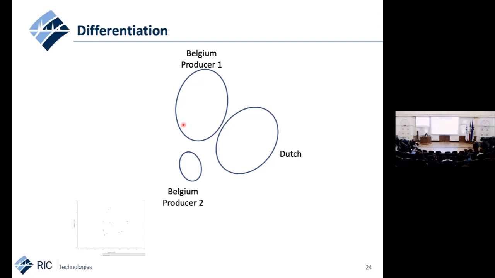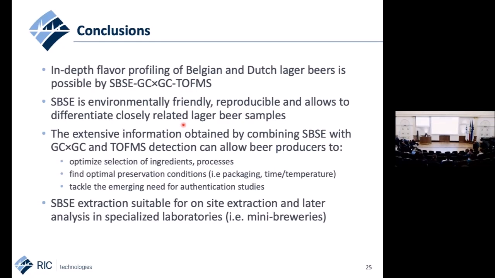Anyway, what I could see in my results is that I could still differentiate the different Belgian producers from the Dutch producers. That was with the non-curated data. So the trends that we have seen previously with 1D data are still valid, but I think the information that we get is much more extensive.